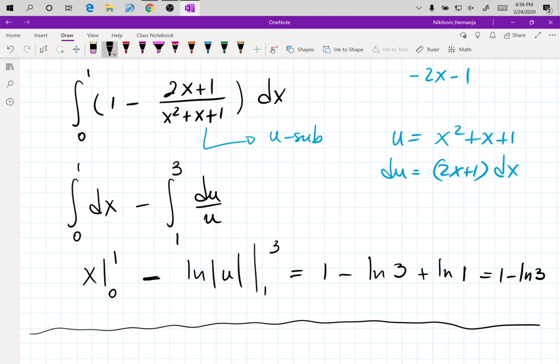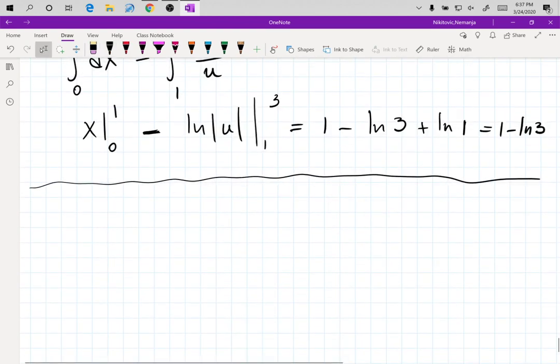So let's see. I like these that are not factored because we have to actually do some work.